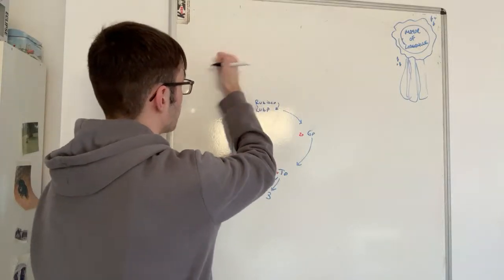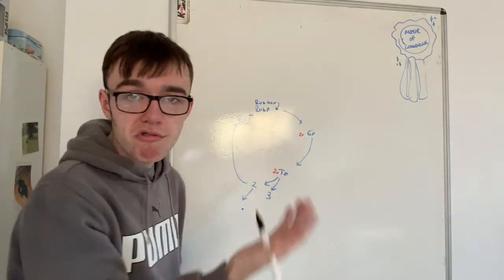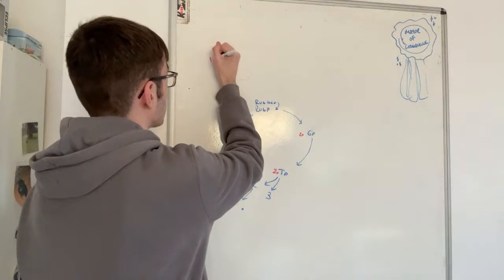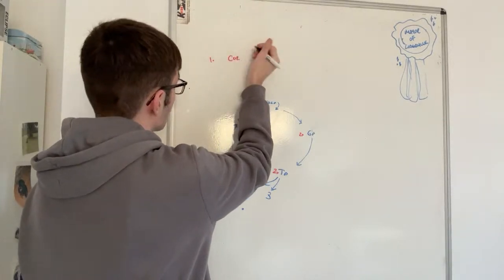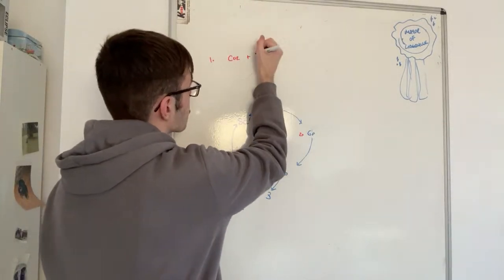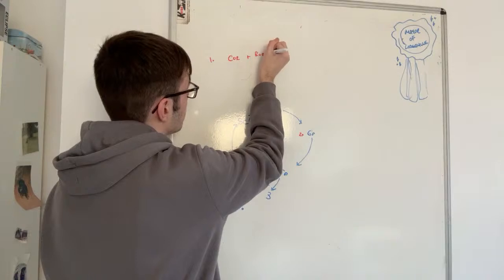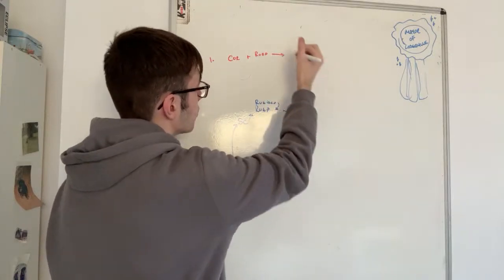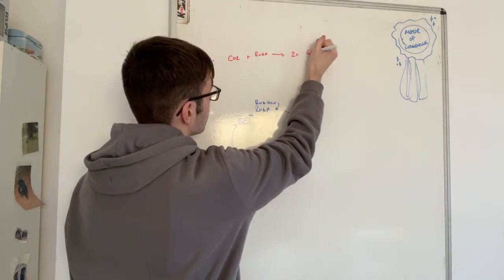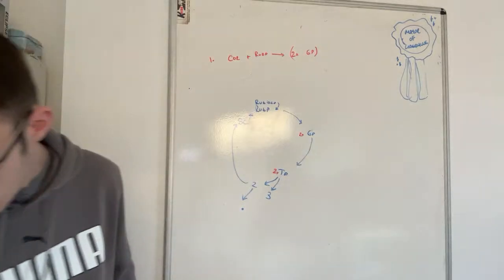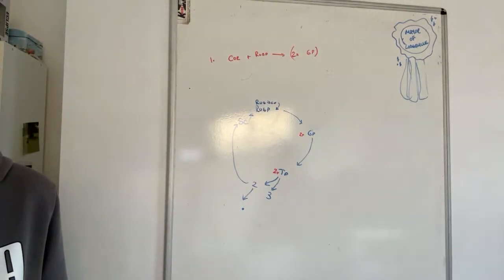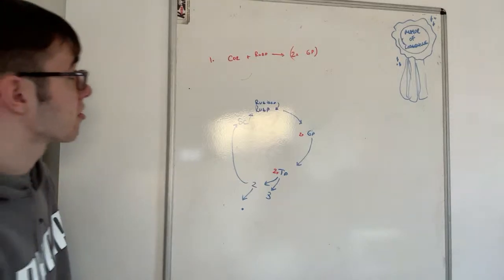It's CO2. So I was right. That was probably a mark. A single carbon compound, CO2, combines with RuBP, and that gives you 2GP. Using Rubisco.